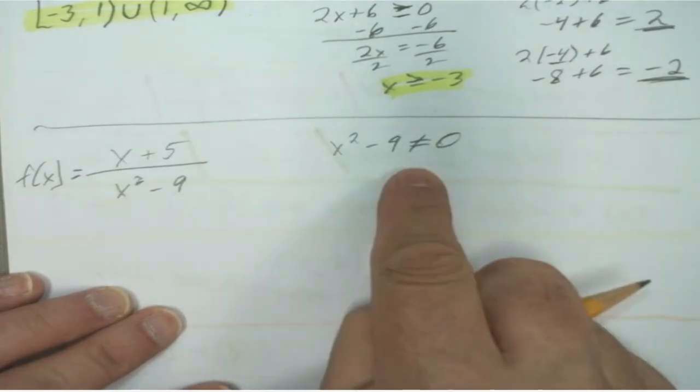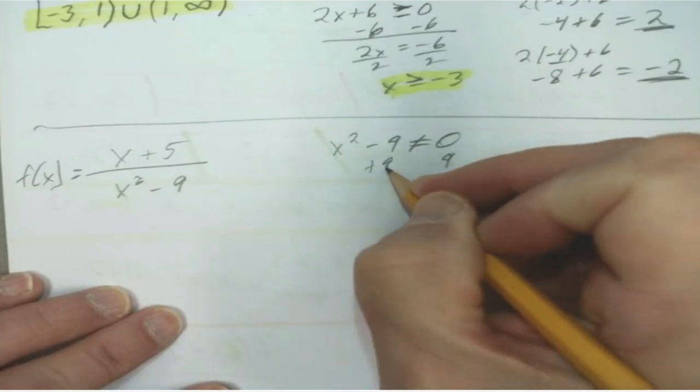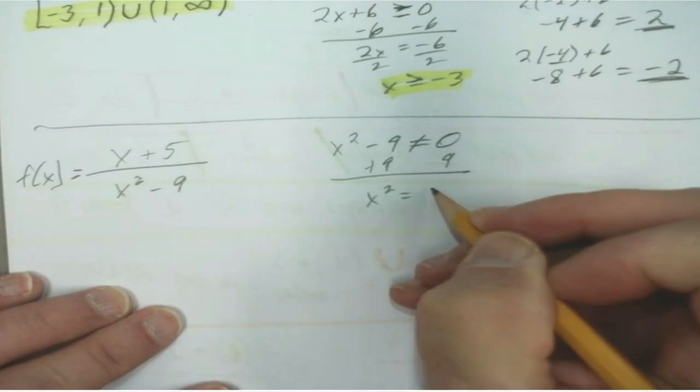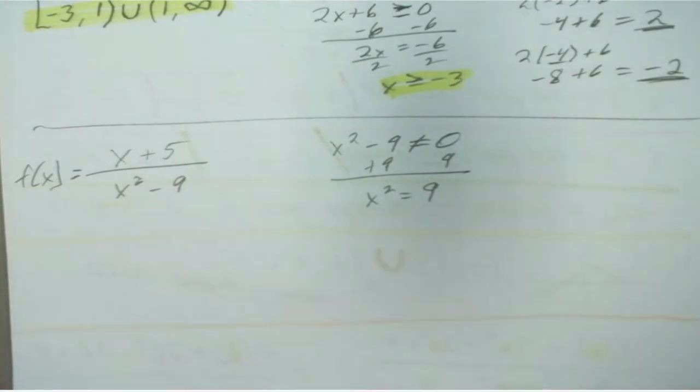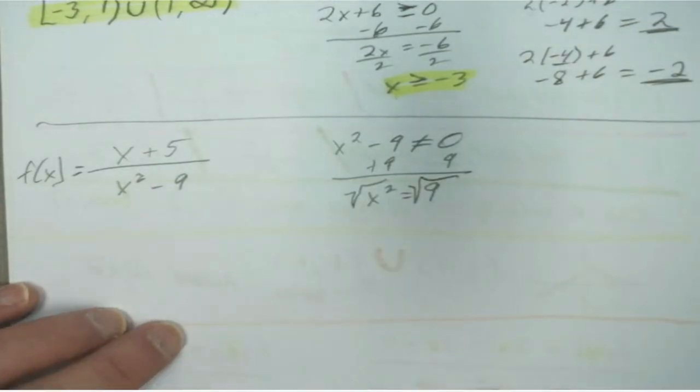Well, what would make it 0? Add 9. So that means x squared equals 9. And if we have x squared, we take the square root of both sides. That's how we get to x.